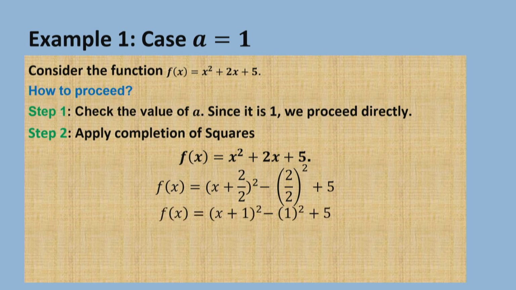So when we simplify, it's simply x plus 1 to the square minus 2 divided by 2 is 1. So that will be minus 1 to the square plus 5. So we have f of x, which is equal to x plus 1 to the square minus 1 plus 5, which will be equal to x plus 1 to the square plus 4. Simple, right?